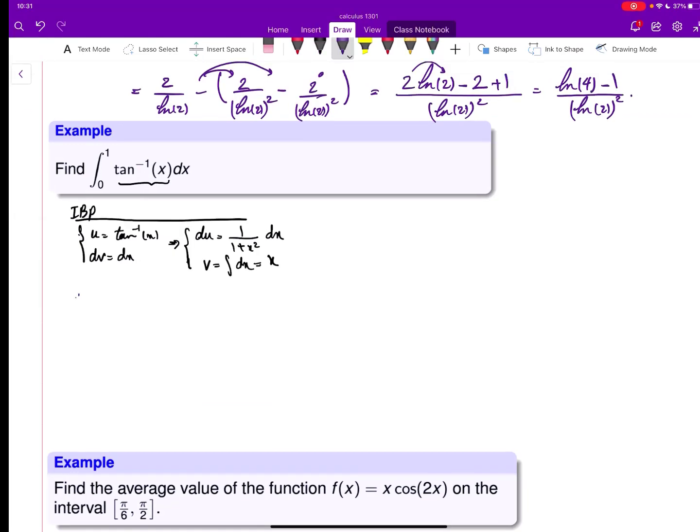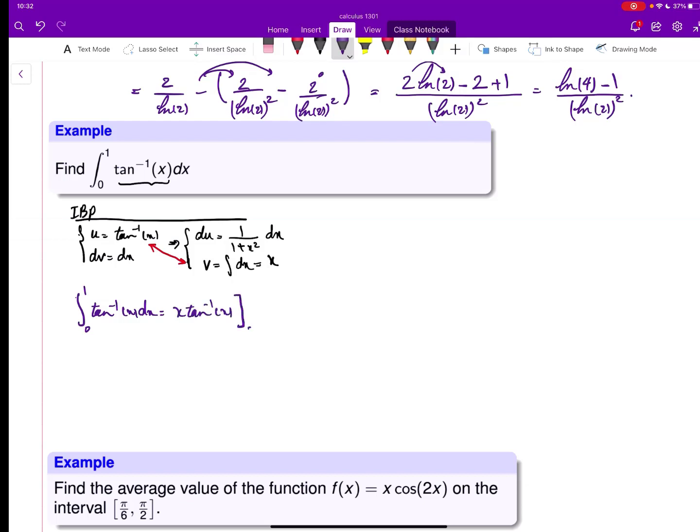So my integral will be the integral from 0 to 1 of tan inverse x dx. I have to do uv, which will give me x times tan inverse of x.